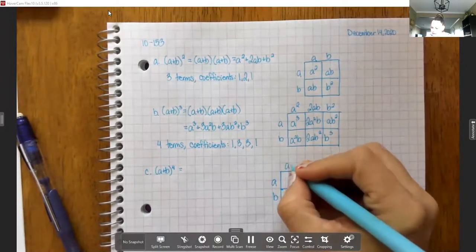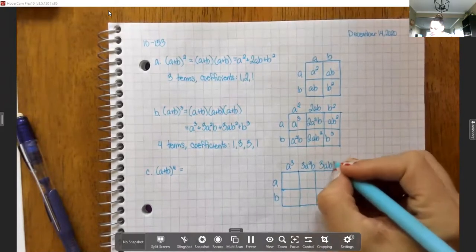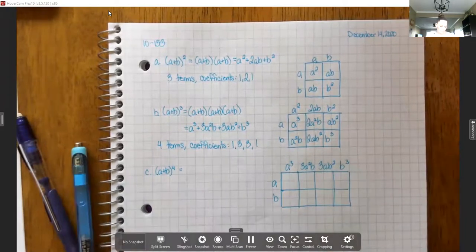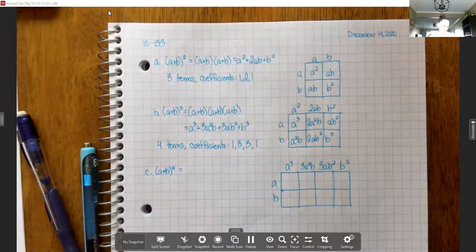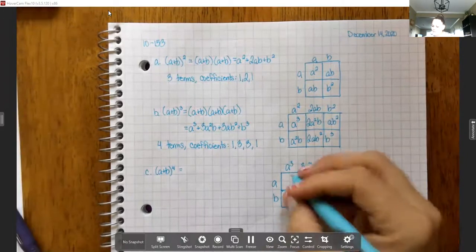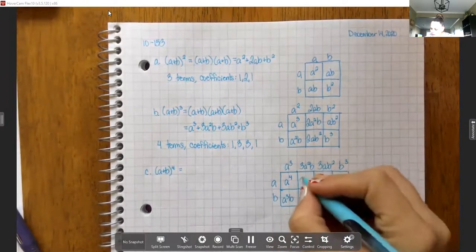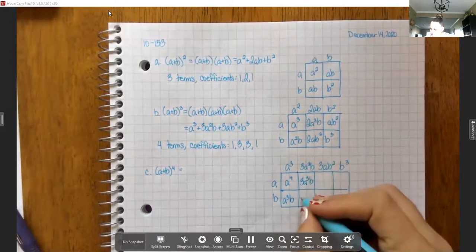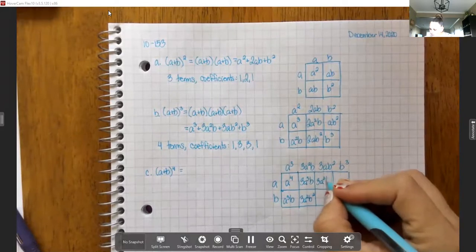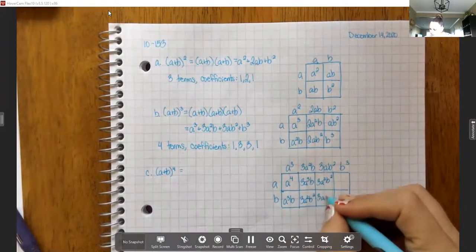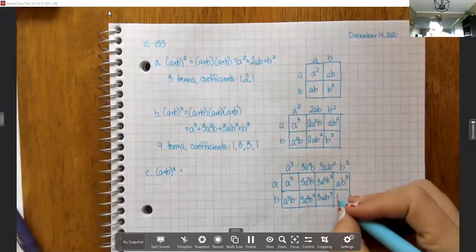So this is a cubed, 3a squared b, 3ab squared, and b cubed. So a to the 4th, a cubed b, 3a cubed b, 3a squared b squared, 3a squared b squared, 3ab cubed, ab cubed, and b to the 4th.